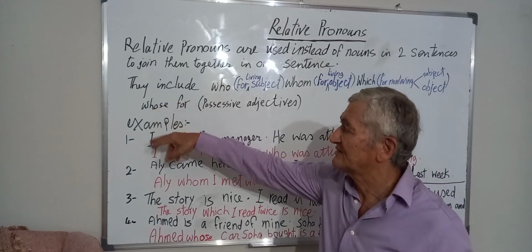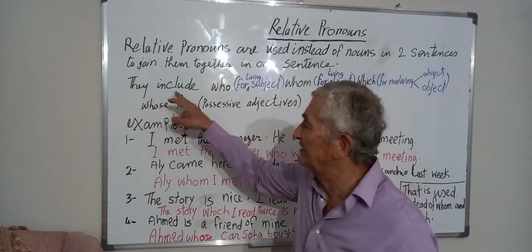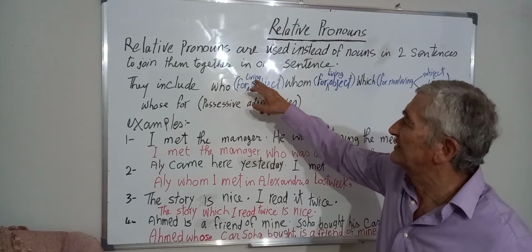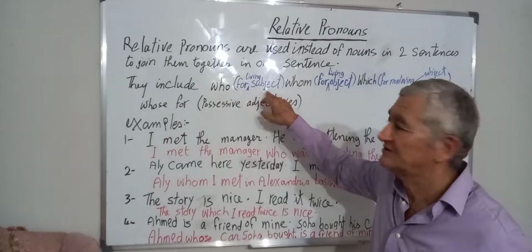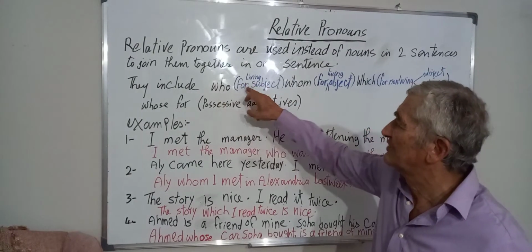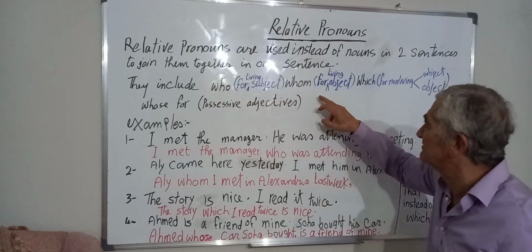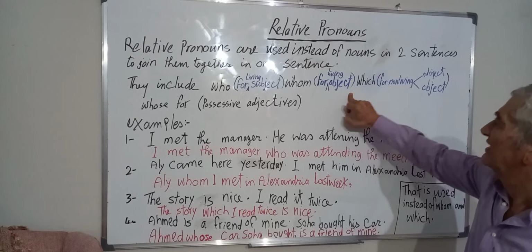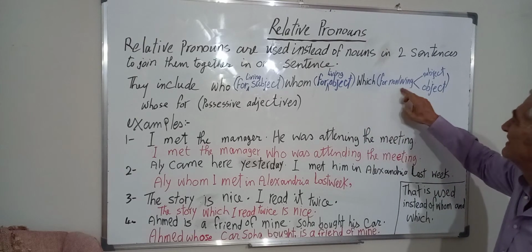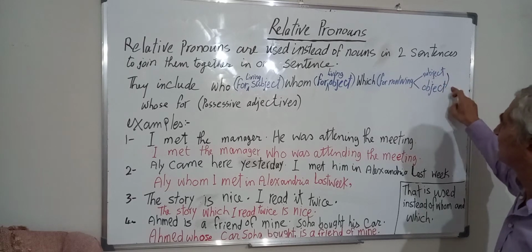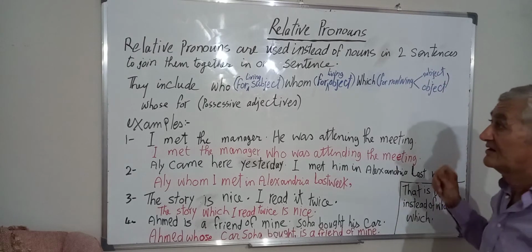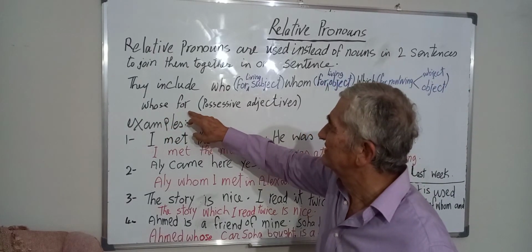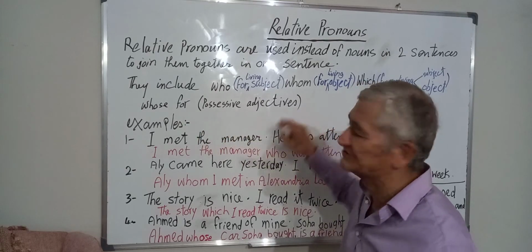But before this, I want to say that they include who instead of a living subject. We choose who for a living subject, and whom for a living object, and which for a non-living subject or object. Whose, we use instead of possessive adjectives.